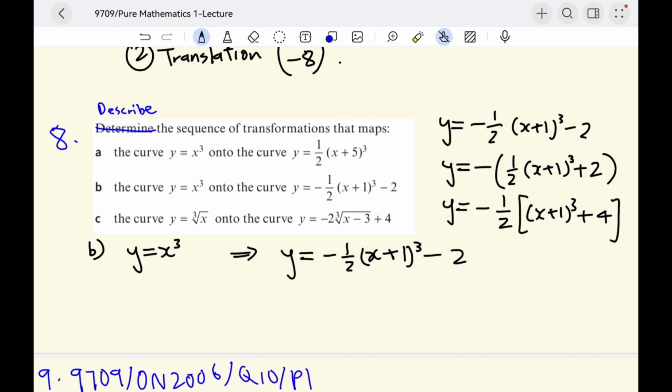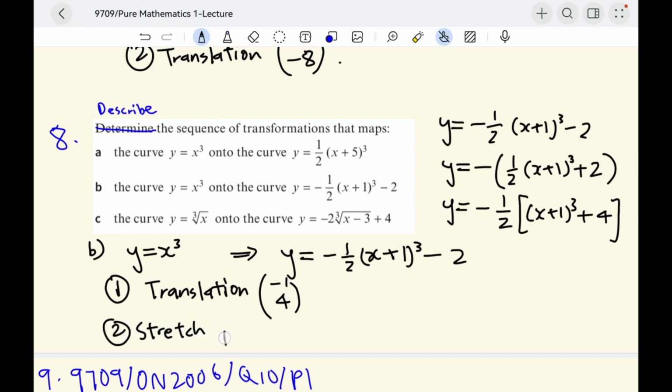So you can describe the transformation as translation (-1, 4). Second, you have stretch parallel to the y-axis with scale factor of half.